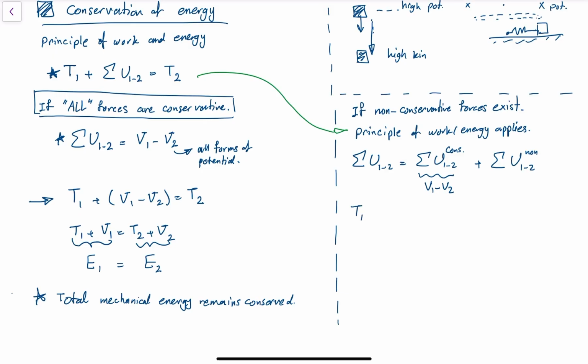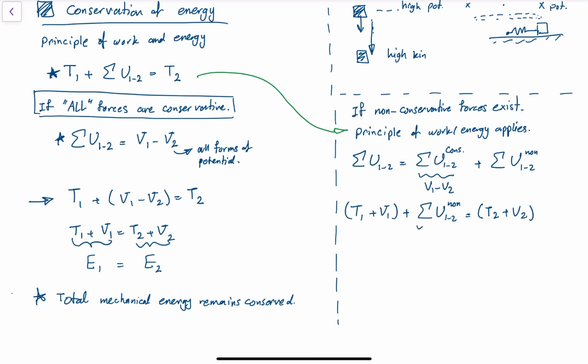What you end up with is T1 plus V1 plus the sum of all non-conservative works equals T2 plus V2.